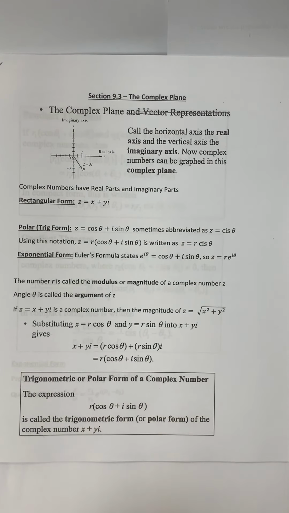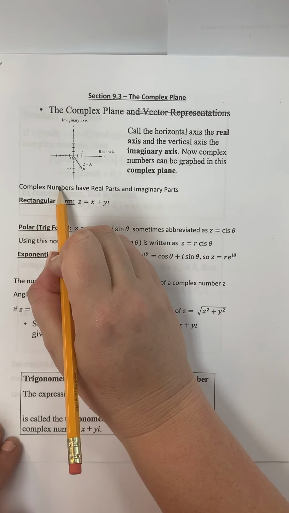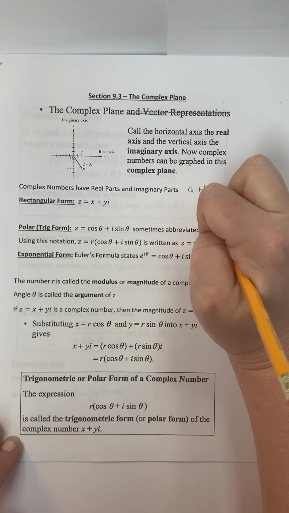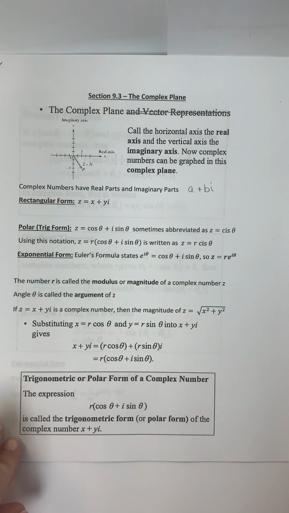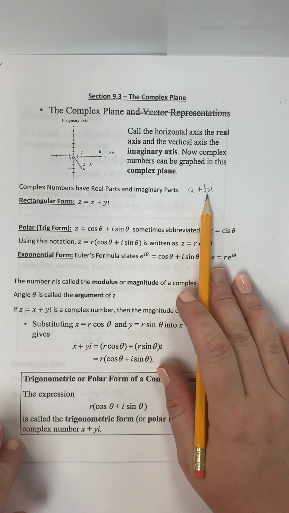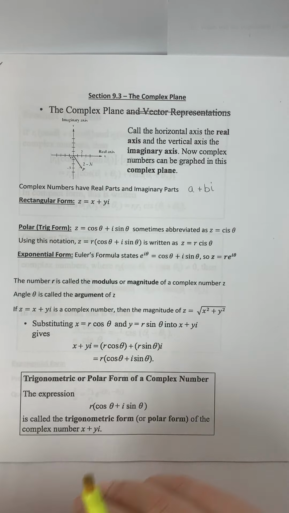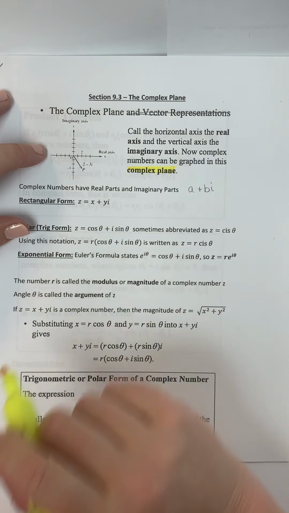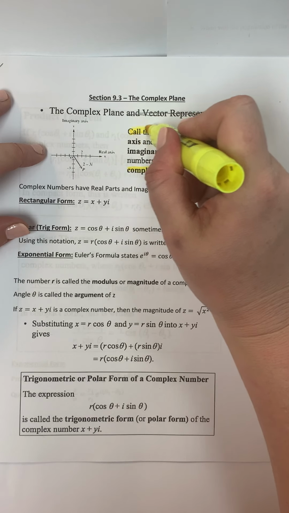So, in the complex plane, we graph complex numbers. You are used to seeing complex numbers that look like this in algebra. They have real parts and they have imaginary parts. So, when we graph this on the complex plane, we are going to need a real axis.